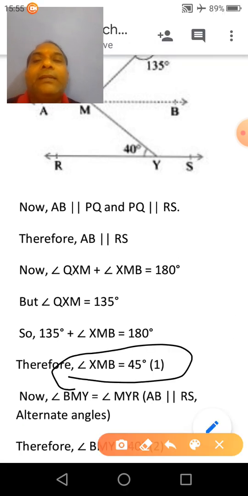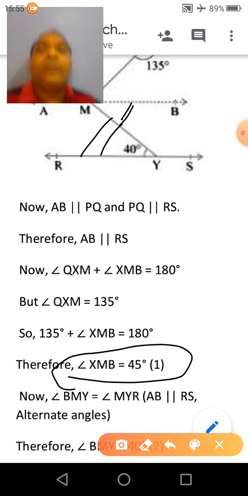Clear? Now similarly, angle BMY means this angle will be equal to this one. Alternate interior angles. Because AB is parallel to RS, alternate interior angles will be equal. So angle BMY will be equal to angle MYR.